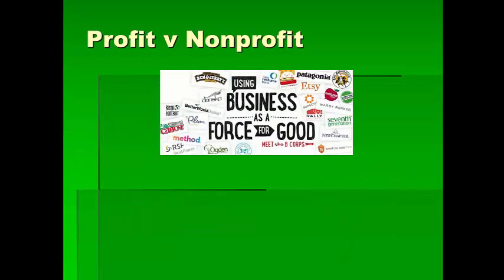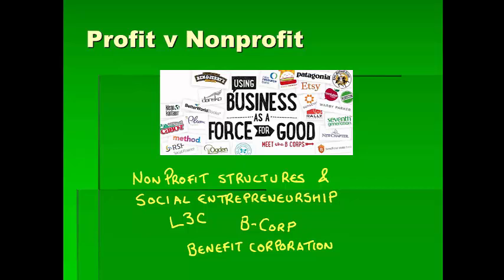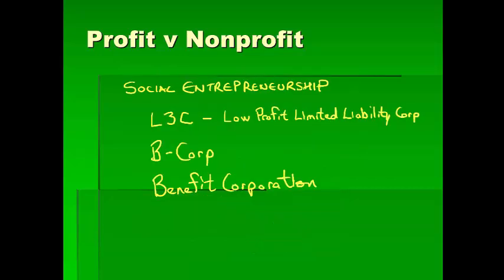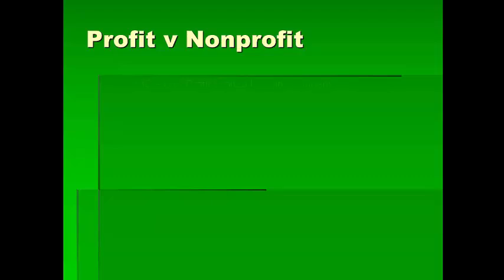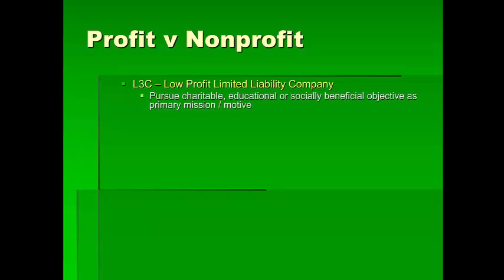All right, that gets us into social entrepreneurship and nonprofit structures like the L3C, the B Corp, and the Benefit Corporation. So the L3C, the Low Profit Limited Liability Company, similar to a nonprofit, pursues charitable, educational, or socially beneficial objectives as its primary mission.